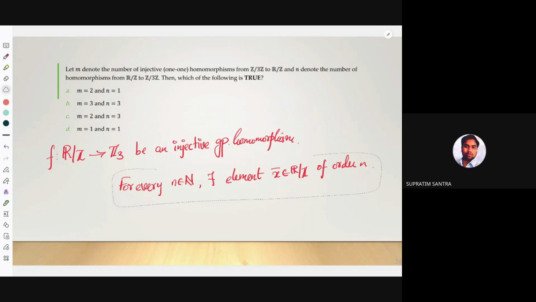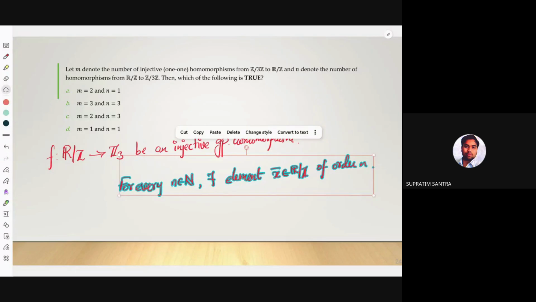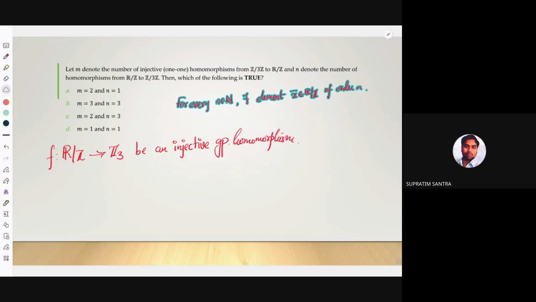And basically the element which comes to our mind is 1 by n. You just take x bar to be 1 by n plus Z. It has order n. So this is a group with respect to addition. Remember that.